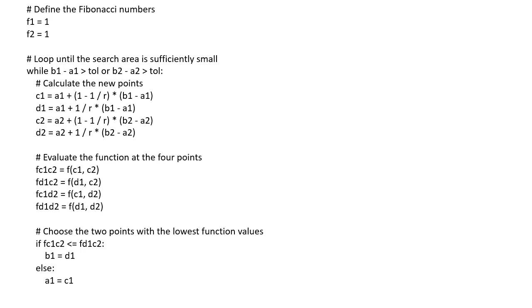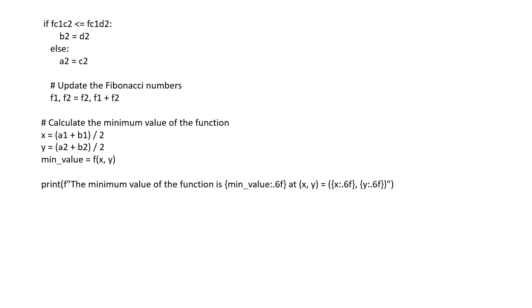Then choose the 2 points with the lowest function values, and I have defined that if f of c1 c2 is less than or equal to f of c1 d2, then b2 is equal to d2, and a2 becomes c2, and then I have updated the Fibonacci numbers, and then I've calculated the minimum value of the function by taking the midpoint of (a1 plus b1) by 2, and (a2 plus b2) by 2, and then I have obtained the minimum value of the function.